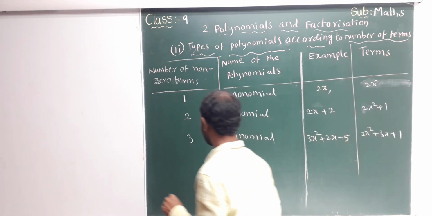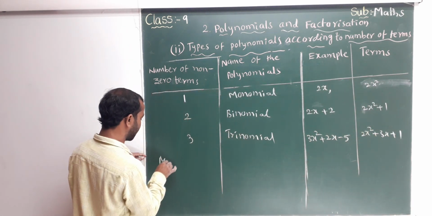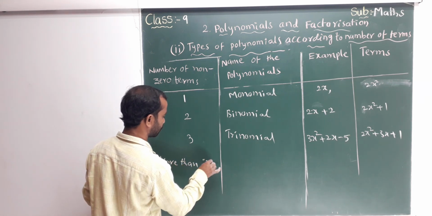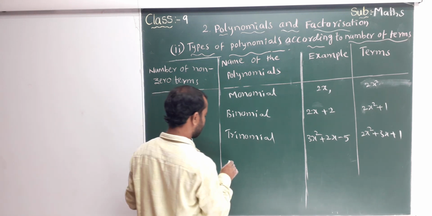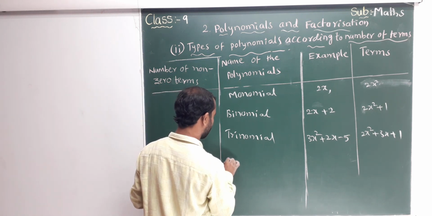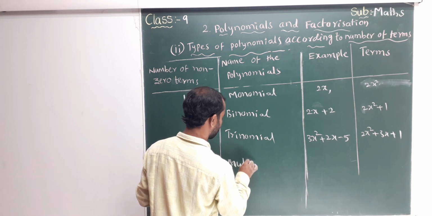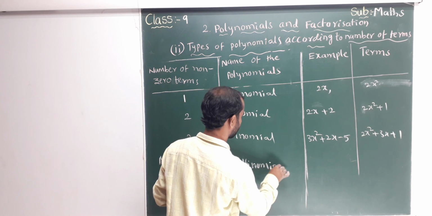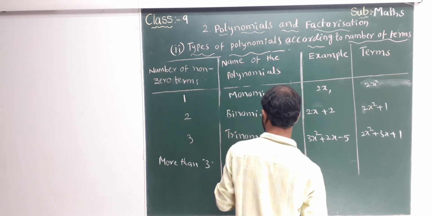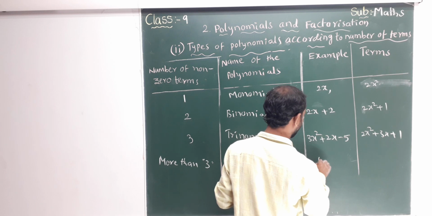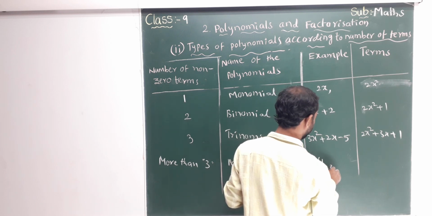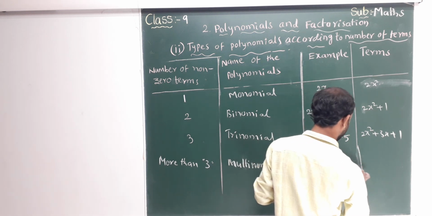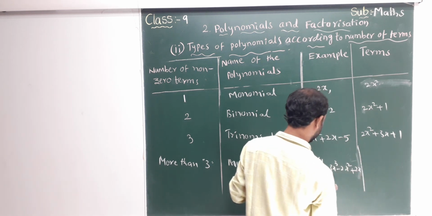Next, more than 3 terms, then that is called a multinomial. For example, 2x to the power of 4, 3x cube minus 2x square plus 2x minus 5.